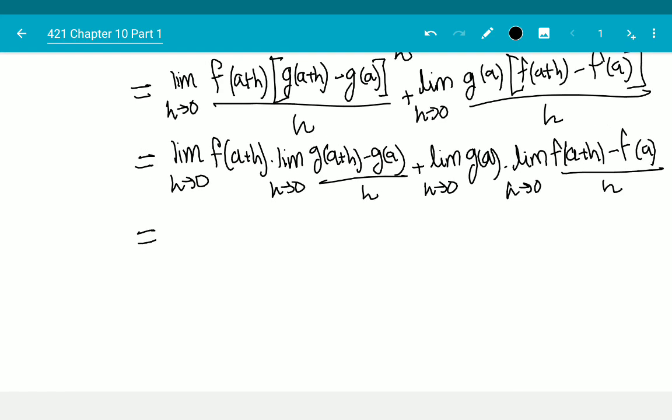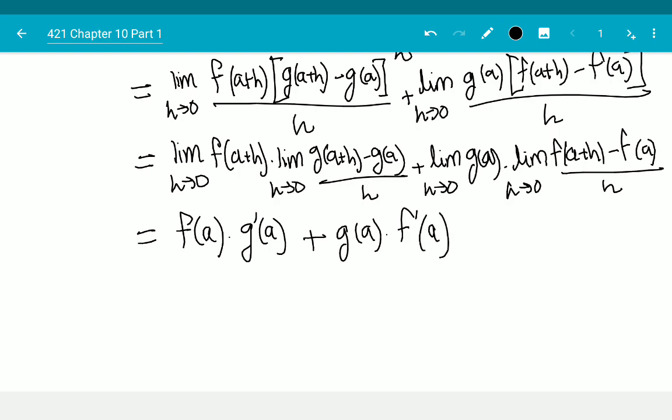Because I can write these as product of limits if they exist. And I know individually all of these limits exist because my functions are continuous and differentiable at a. Great. Limit of f of a plus h as h goes to 0 is just f of a times, this is by definition g prime of a, plus g of a times f prime of a, right?